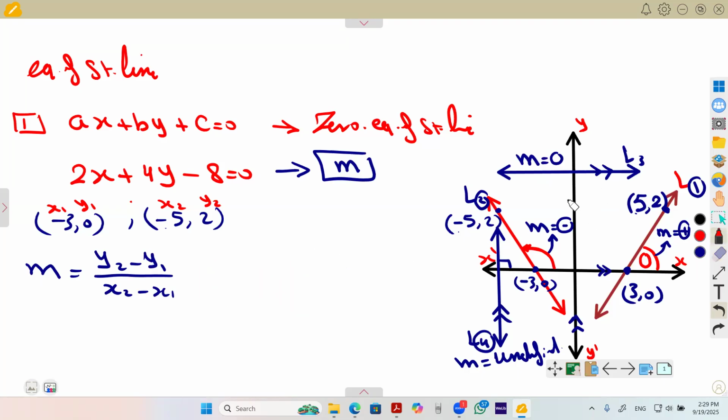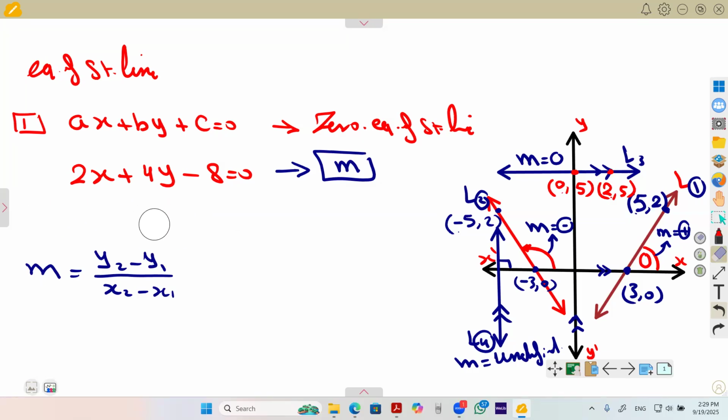L3 is parallel to the x-axis. If we imagine that this point is 0 and 5, and the point here is 2 and 5, so we have 2 points. How can we calculate the slope or the gradient?